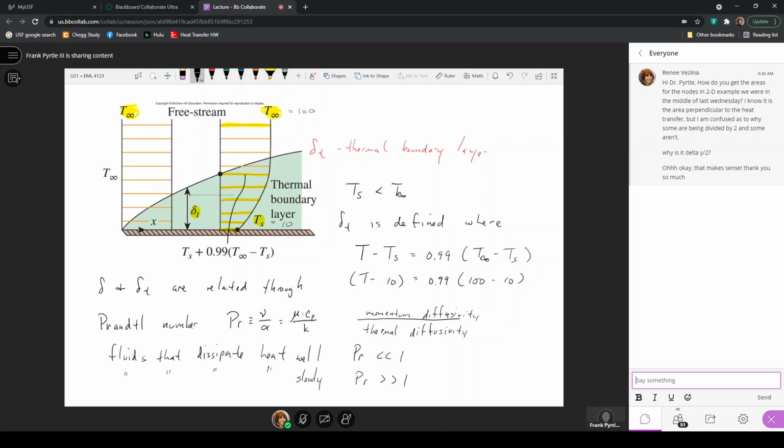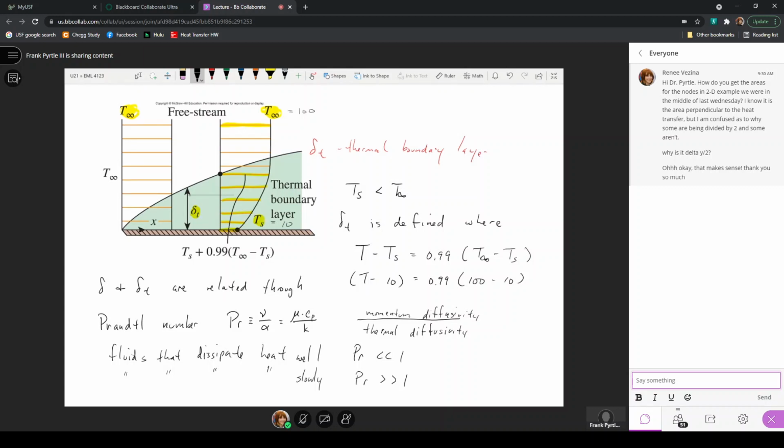Again, things like liquid metals and gases diffuse thermal energy much better than they diffuse momentum. Really thick fluids are going to diffuse momentum much better than they diffuse thermal energy.